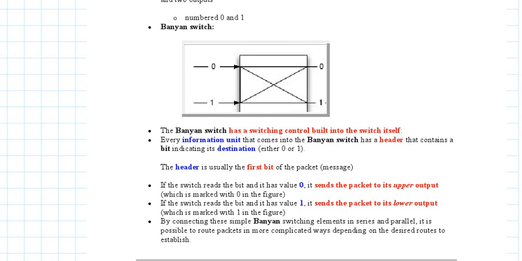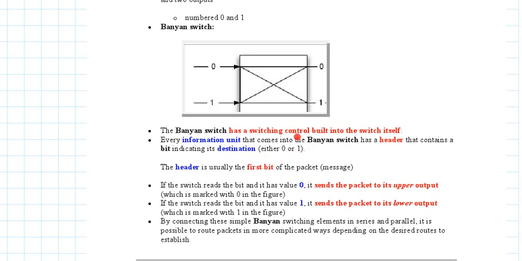That means you must have a way out following which you can route output either towards the output port marked with 0 or to the output port marked with 1, and it goes here. Every information unit that comes into the banyan switch has a header that contains a bit indicating its destination, either 0 or 1.